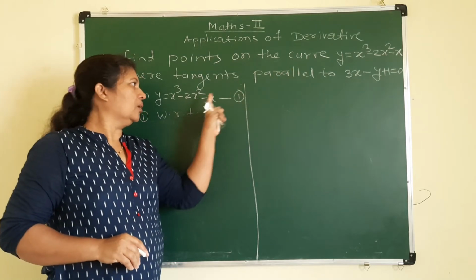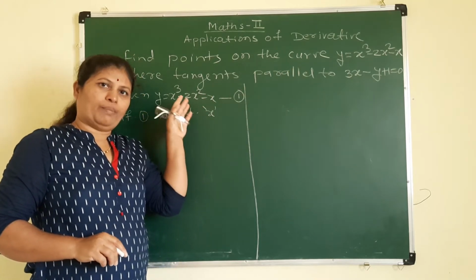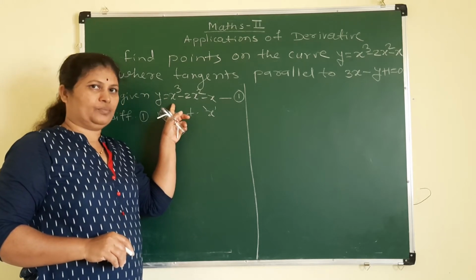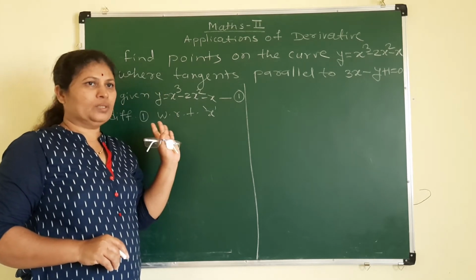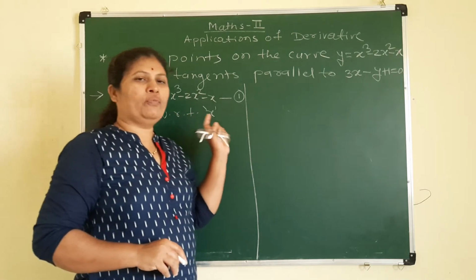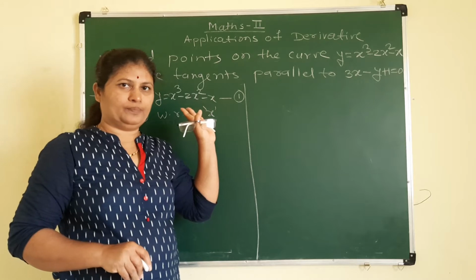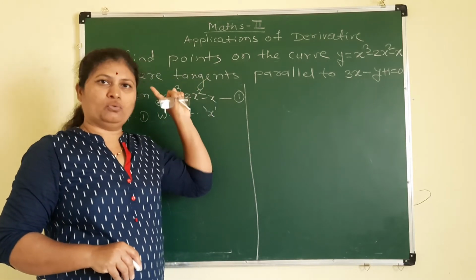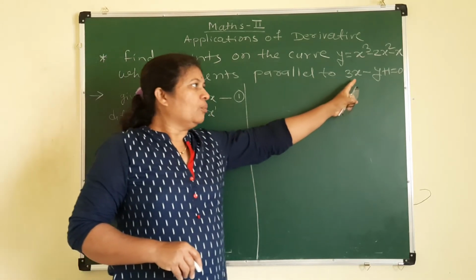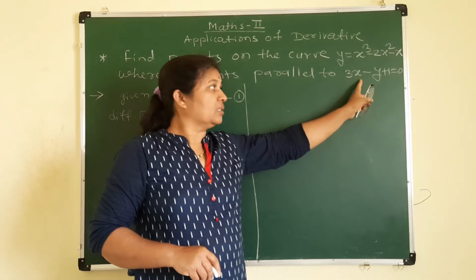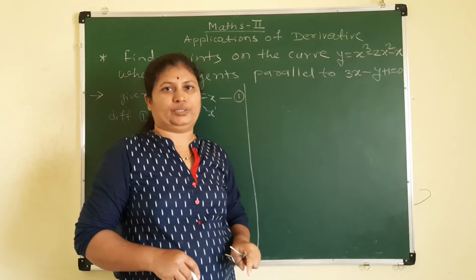This is equation of the curve. By our process, first we will differentiate this with respect to x. We will find dy by dx. Now, actual value of dy by dx at point of contact is our slope of tangent. But point of contact we have to find. One more thing given to us is this line which is parallel to tangent.